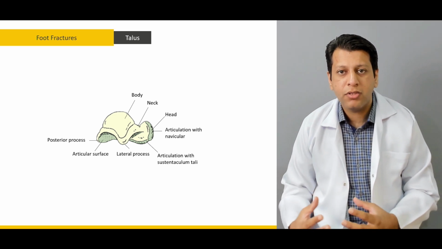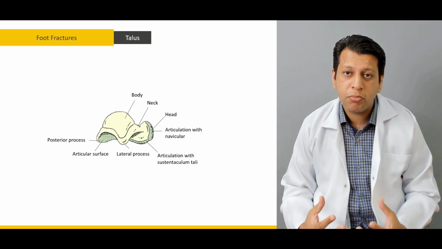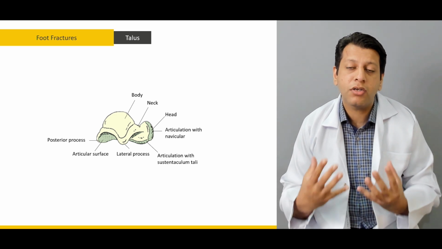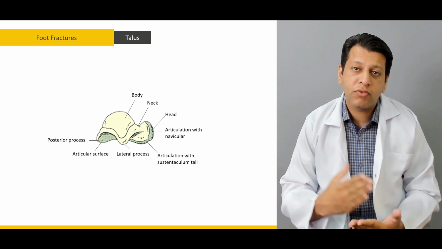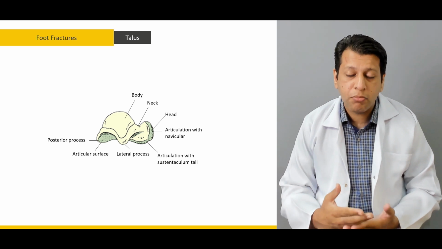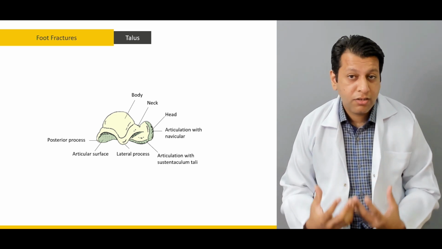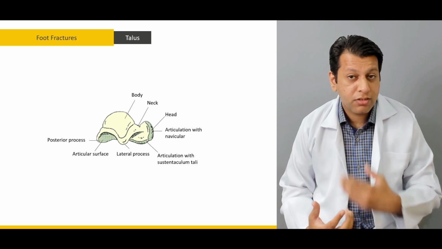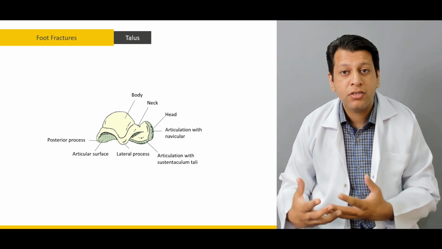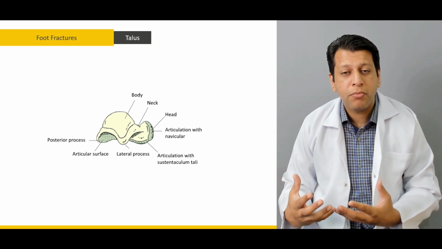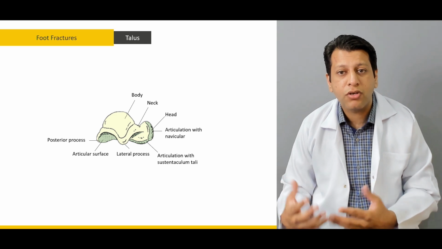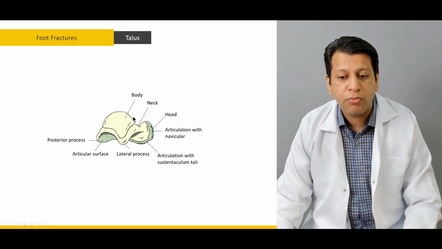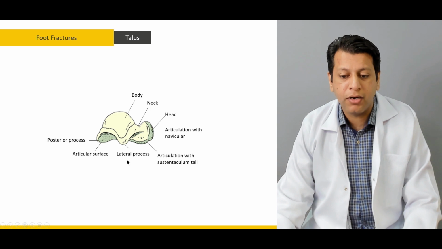The majority of the blood supply is coming from the artery to the tarsal canal, which is a branch of the posterior tibial artery. So if the tarsal canal is disrupted, there is a high chance that the patient will eventually have avascular necrosis of the anterior process if the neck gets disrupted.